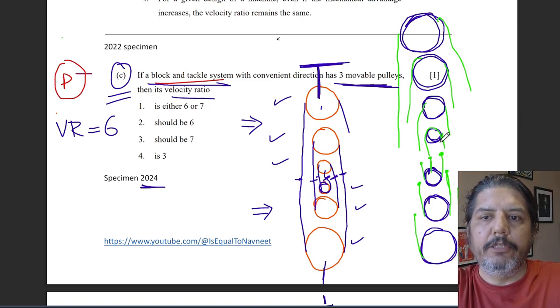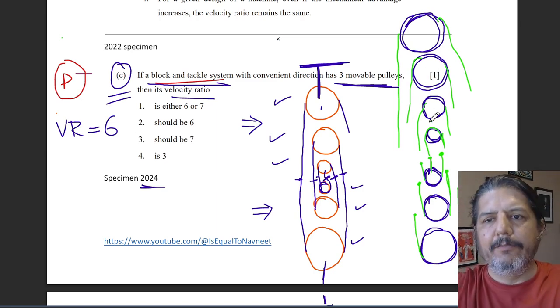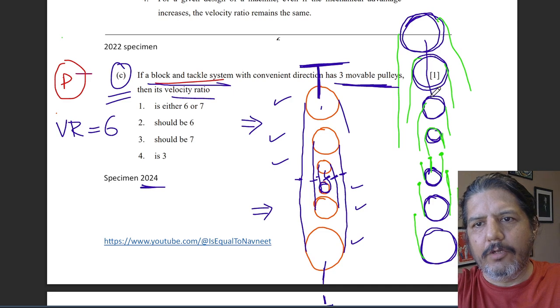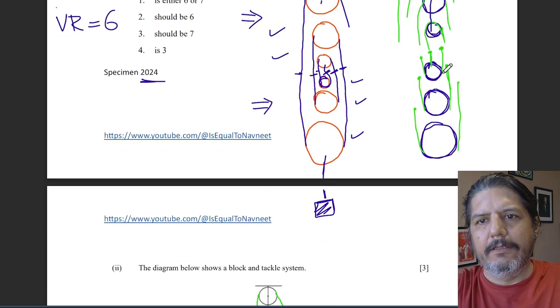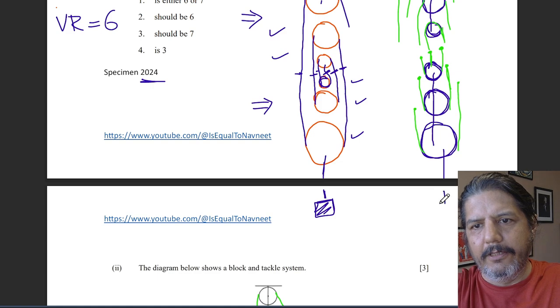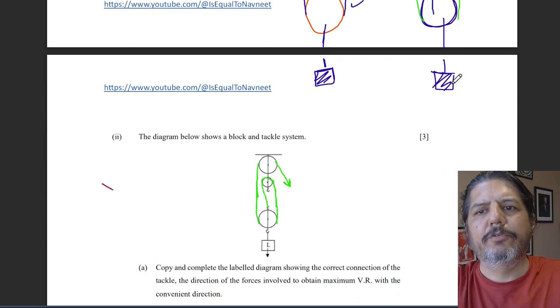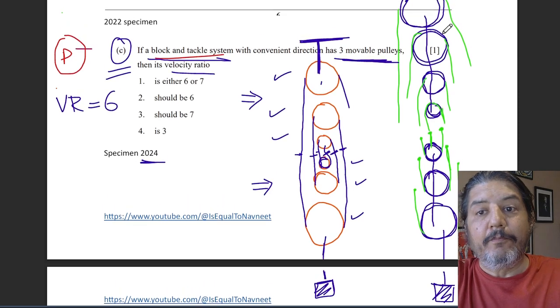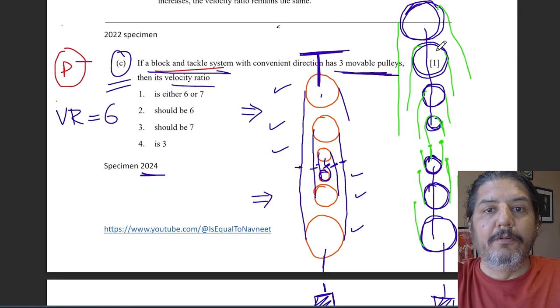So 1, 2, 3, 4. Of course, they are part of the same thing. These 4 are joined, and these 3 are joined, and there'll be a load here, which will look something like this. So this kind of arrangement is also possible.